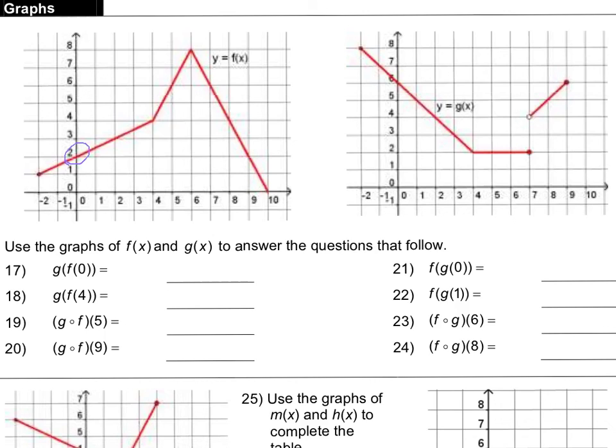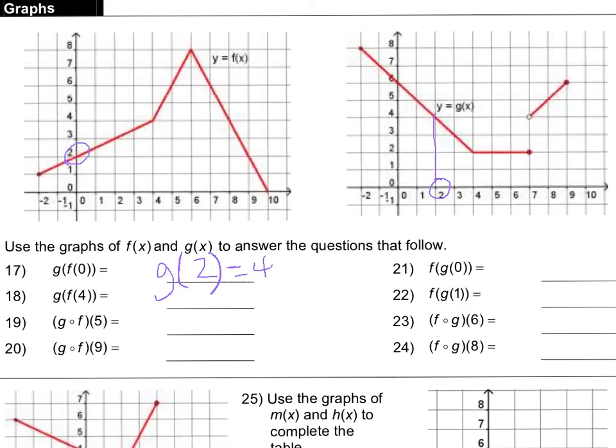And we find that value is 2. Now we apply g of f of 0. F of 0 was 2. Now we look at g of 2, so when x is 2, g is equal to 4. So our final answer is 4.